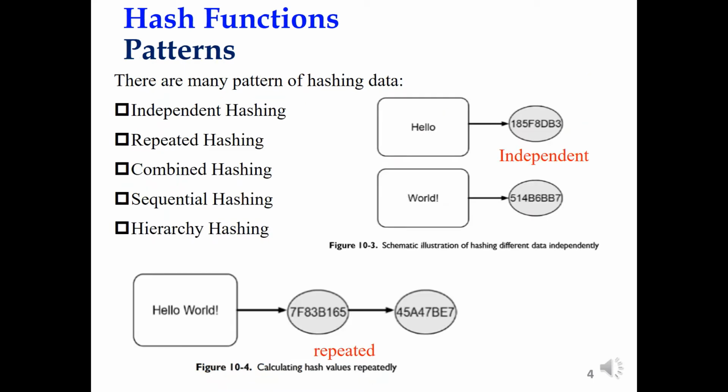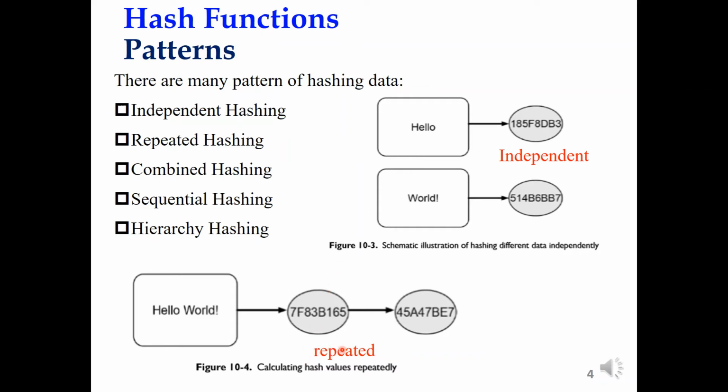What are the patterns of hash functions? We have independent hashing, repeated, combined, sequential, or hierarchy hashing. For example, this is the independent hash. We have the hello world message, and we can calculate the hash of each word independently.